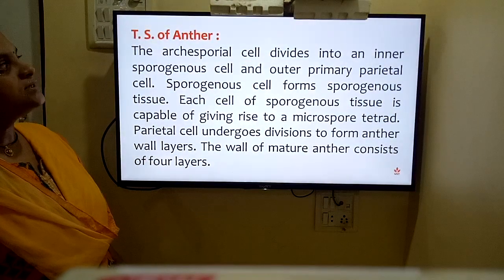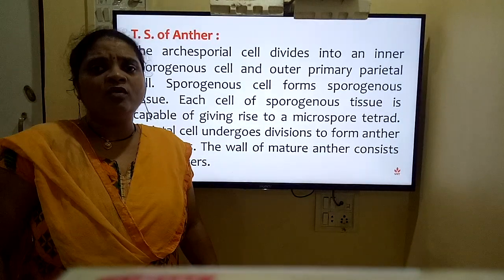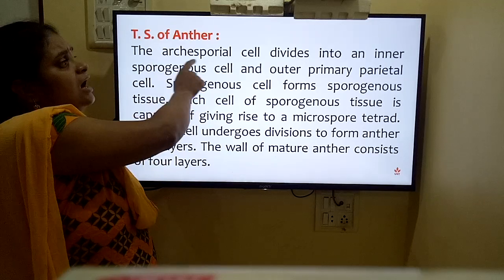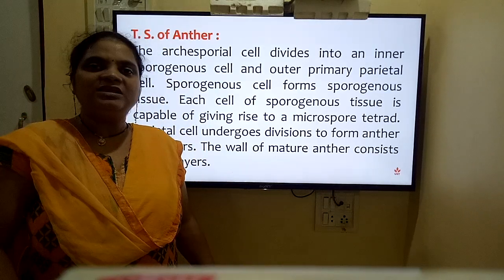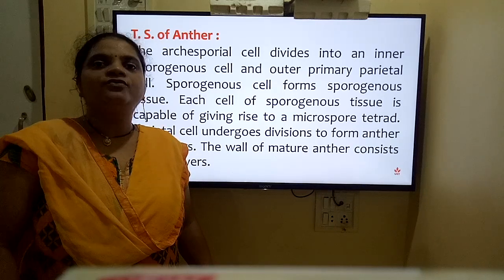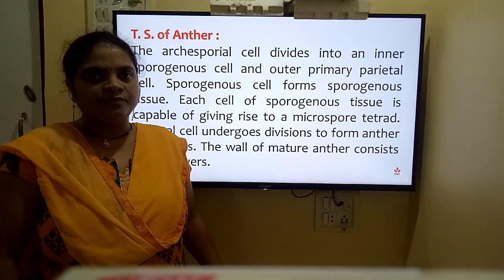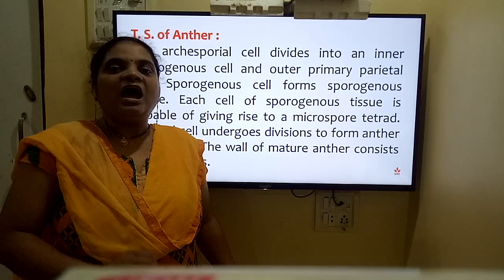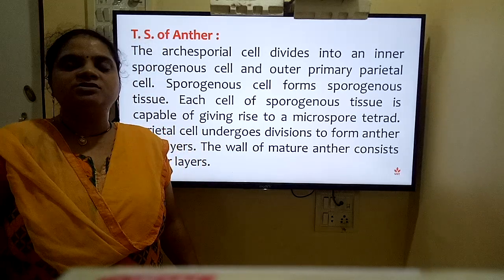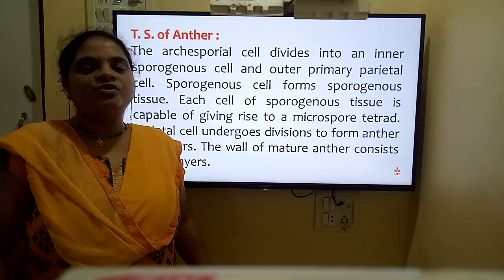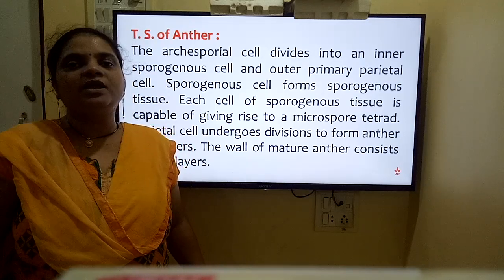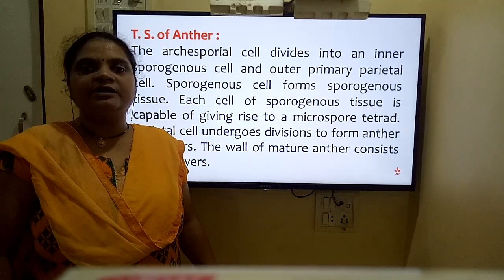Now in this TS of anther, how does the archesporial cell get formed? It is formed by the transformation of the hypodermal cell. Now the archesporial cell produces 2 types of cells: one is the sporogenous cell and the other is the primary parietal cell.